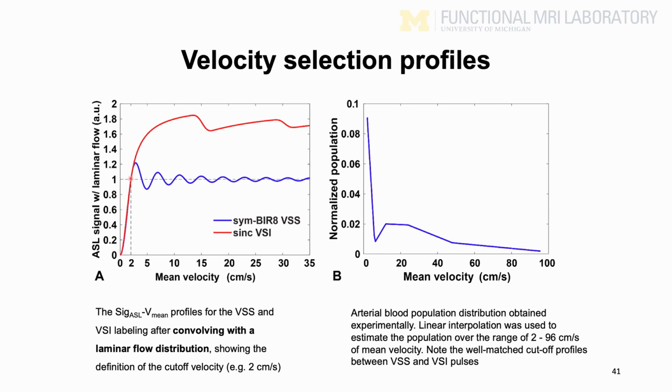We define a cutoff velocity as the place where the saturation happens at the zero crossing. And the same applies to the Fourier transform pulses, and you get this other curve like that.